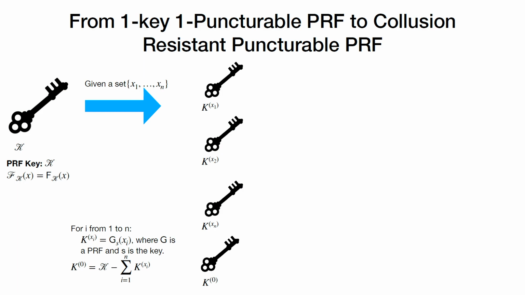So now given n inputs x1 to xn, actually we can support any unbounded set as long as the set contains only polynomially many inputs, but here we take n inputs to make things easier. Okay, so now given n inputs, we will first generate n PRF keys k_x1 to k_xn, and each of them is derived from xi by using another pseudorandom function g.